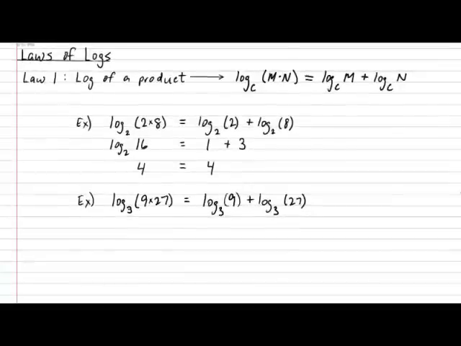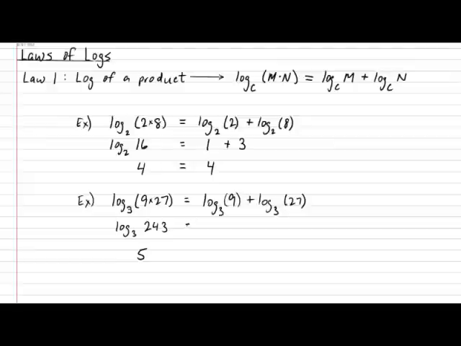So, let's prove that this works by calculating the numerical value of both sides of the equal sign. On the left side, when we simplify, we get log base 3 of 243. And finally, log base 3 of 243 is equal to 5, because 3 exponent 5 gives back the 243. Now, let's take a look at the numerical value of the right side of the equal sign.